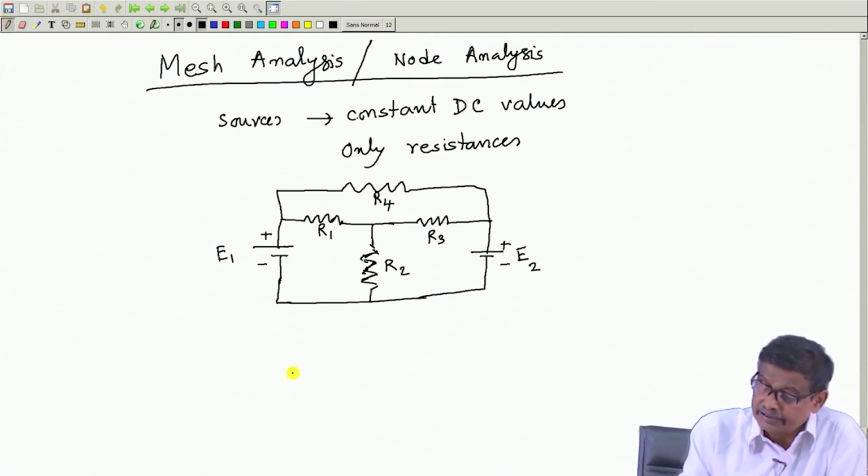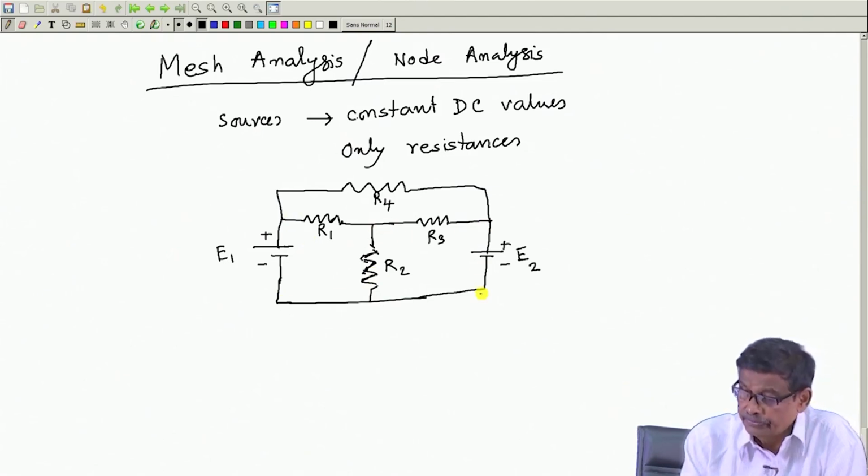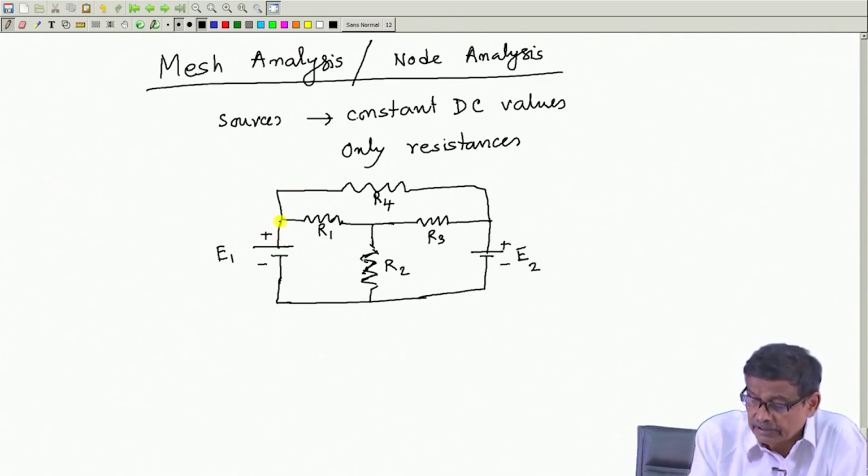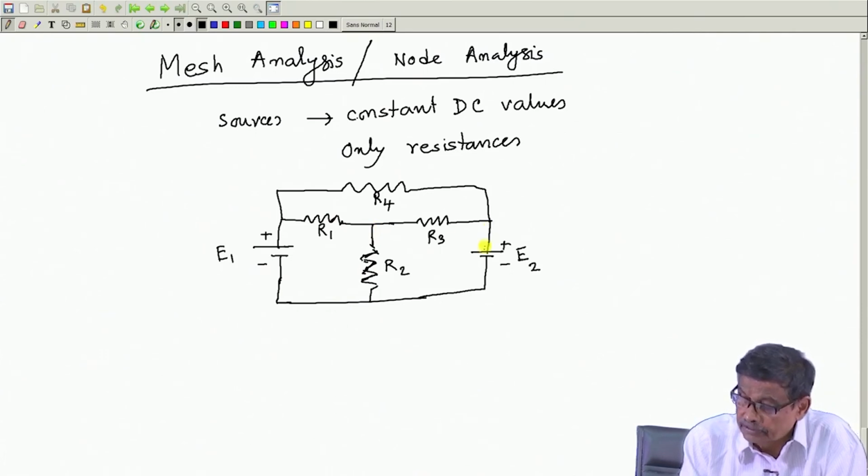Now, in this network you find there are several windows like this or several closed paths. For example, this is a closed path, this is a closed path, this whole thing is also a closed path, like that.